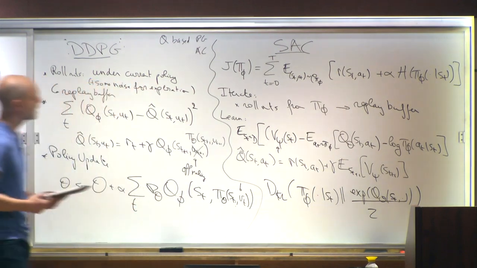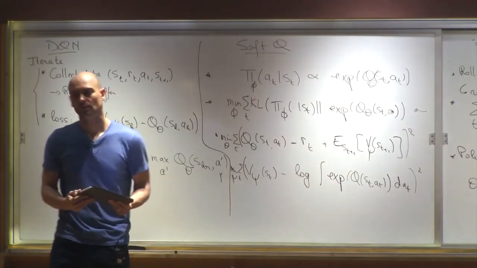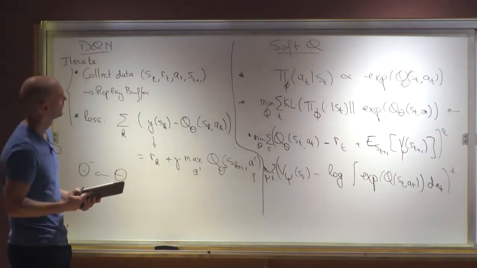And so we have the same objective as we had in soft Q-learning here. Same thing. In fact, they look very, very similar. If you look at what's different between the two, well, it's pretty much the same.